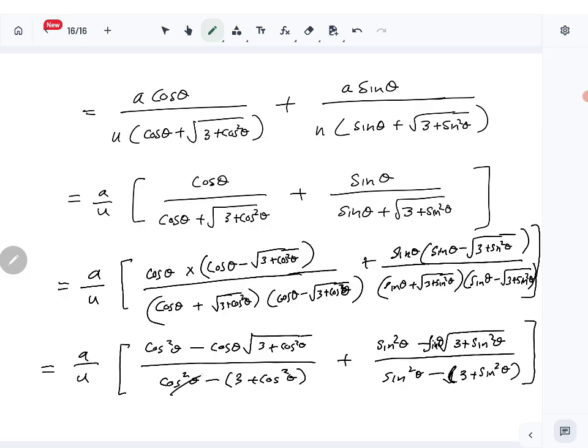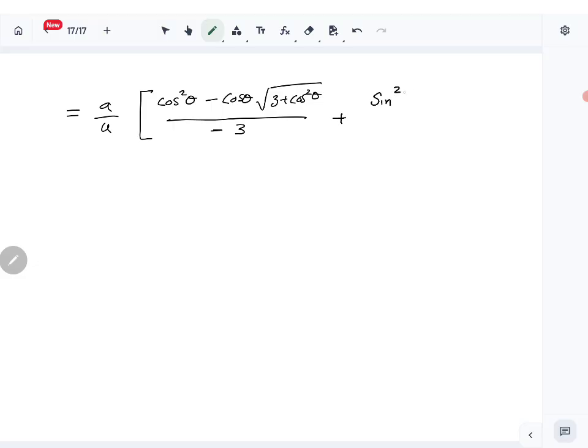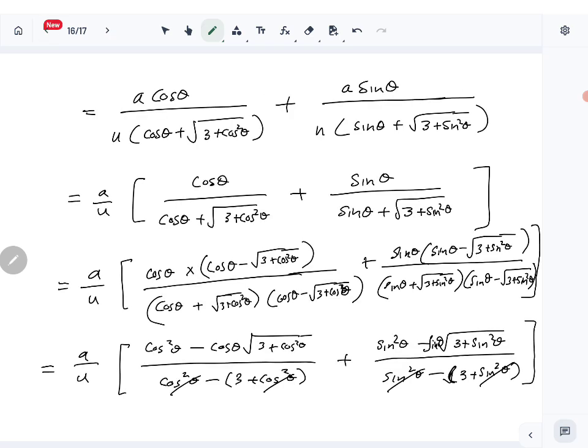Right, simplify. Cos square theta cancels, sine square theta cancels here. So you get a over u, cos square theta minus cos theta root part, over minus 3, plus sine square theta minus sine theta root part, over minus 3 again.